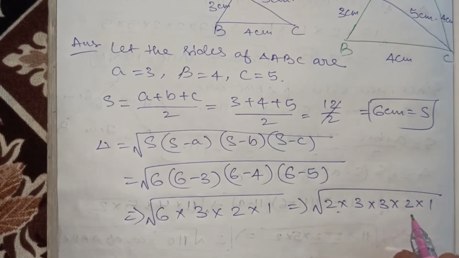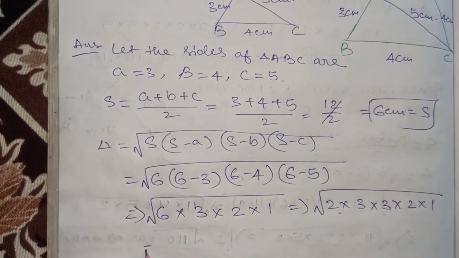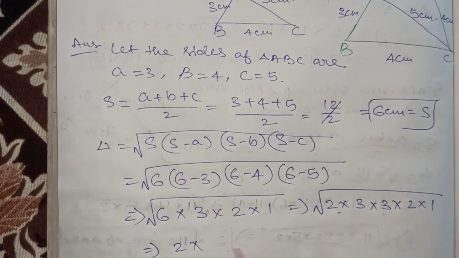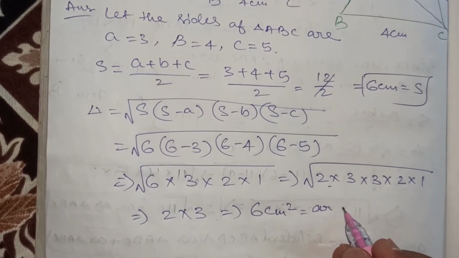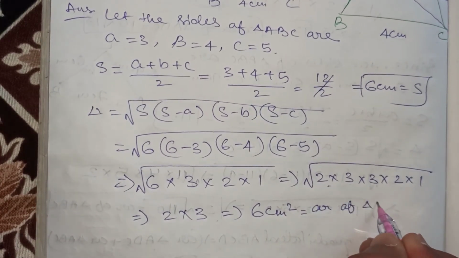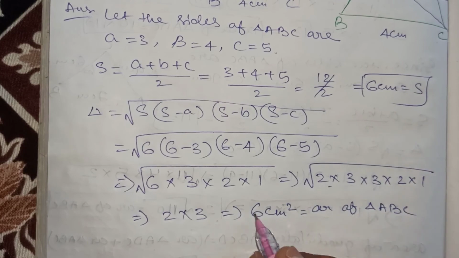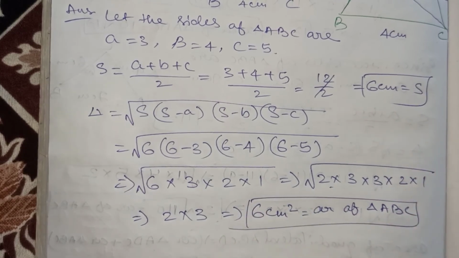Out of 2, 2, one 2 we can take outside. Out of 3, 3, one 3 we can write outside. So 2 into 3 is 6 centimeter square, the area of triangle ABC. Okay, this is the area of triangle ABC.